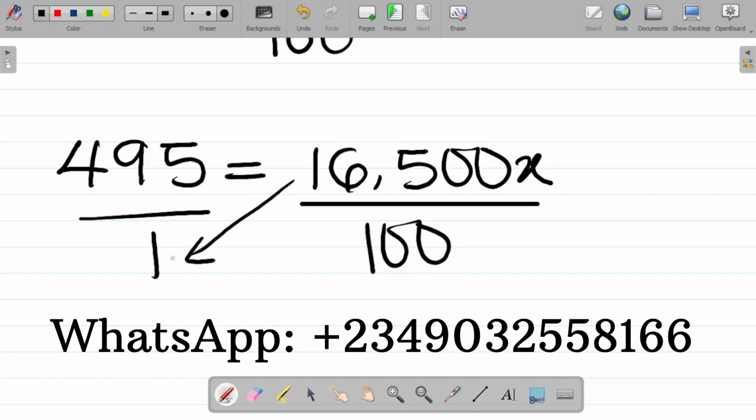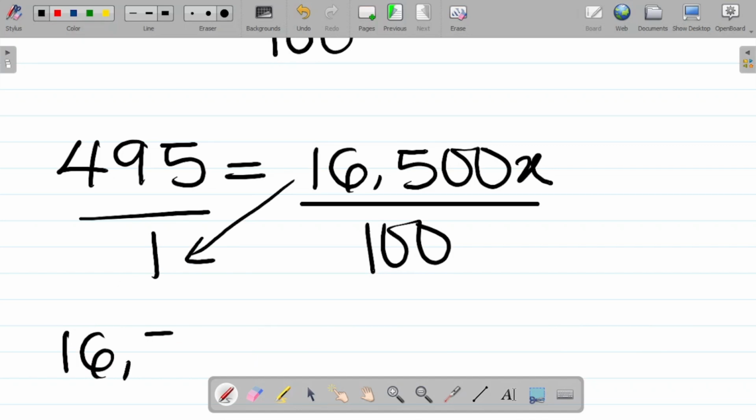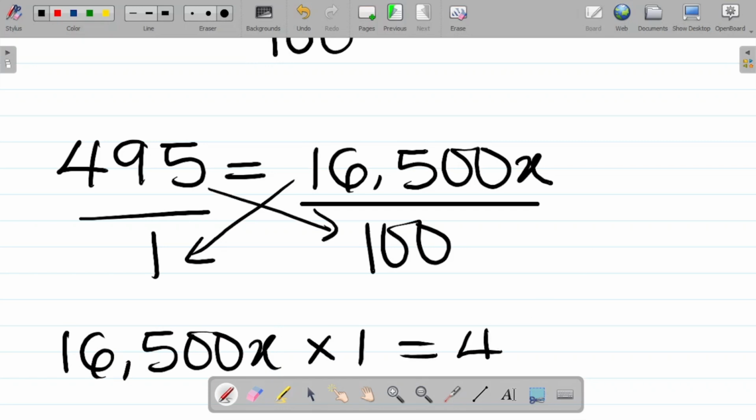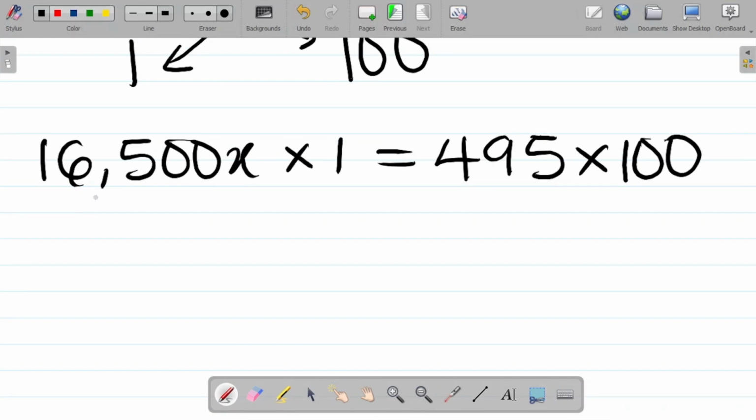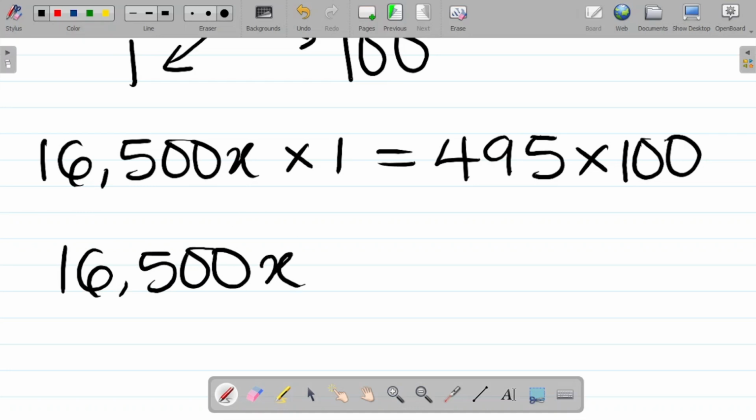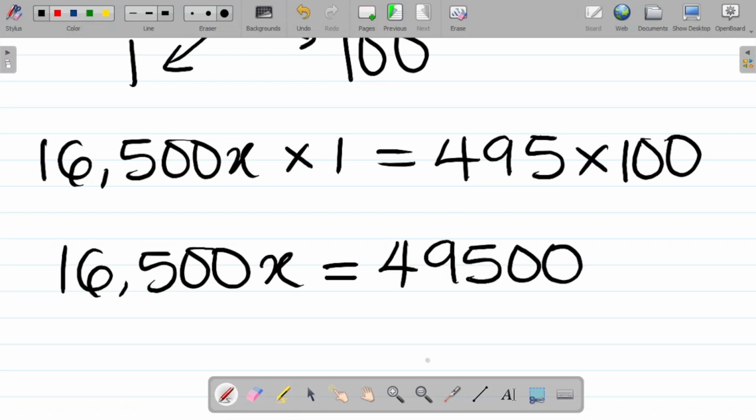So 16,500x multiplied by 1 is equal to 495 times 100. Multiplying this by 1 gives you 16,500x, which is equal to 495 multiplied by 100, giving you 49,500.